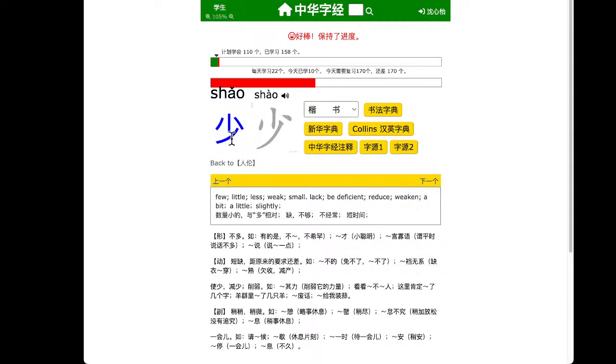And this has the other reading, 少 means few or less, or weak or small. In English we have a differentiator: when the thing is countable, we use few or fewer, and when it's not countable we use less. But in Chinese it's all the same. It's all 少.